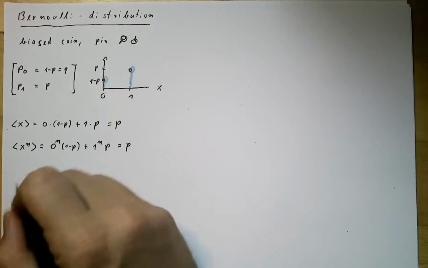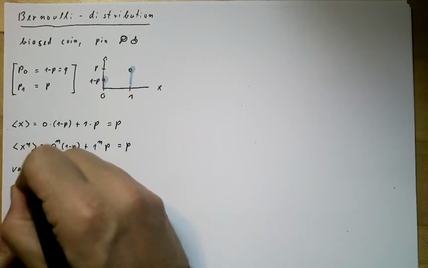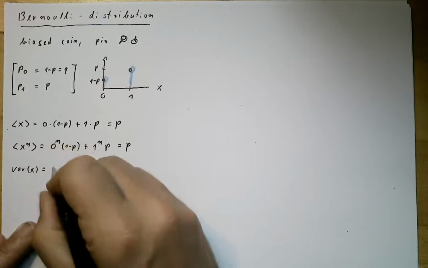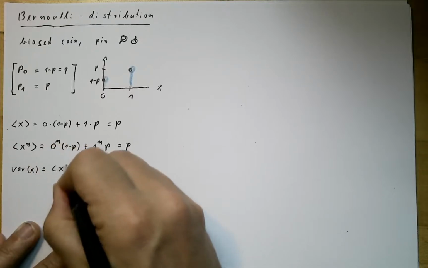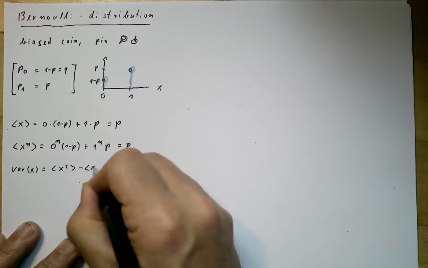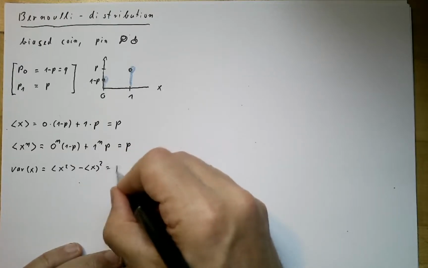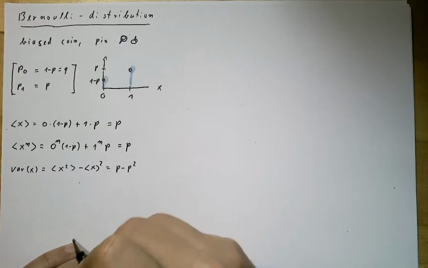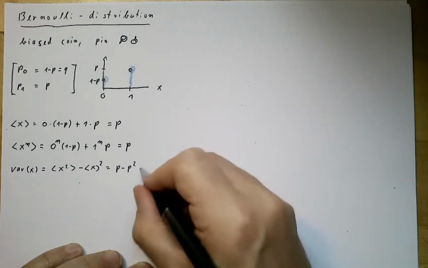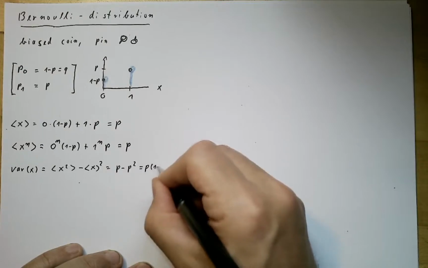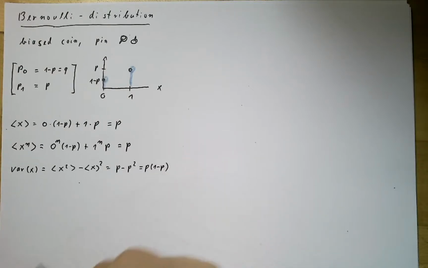And then we can calculate the variance as the expectation value of x squared minus the expectation value of x squared. So this is P minus P squared, or P times 1 minus P. So that's the variance of this distribution.